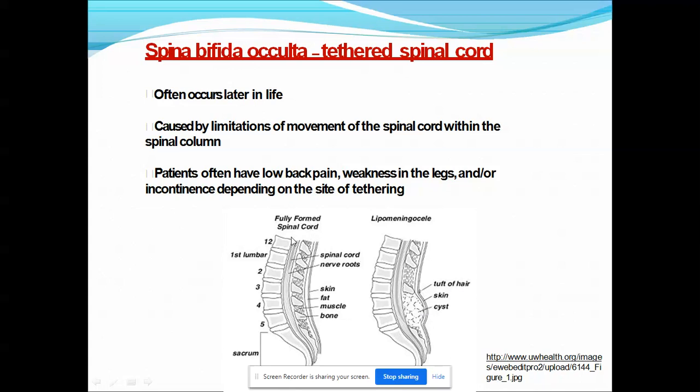In the fully formed spinal cord, we can see here the spinal cord, nerve root, skin, fat, muscle, bone. On the left-hand side, what we are seeing is the normal picture. Normally it should be like this, but in the lipomeningocele on the right-hand side, we can see there is an abnormality. So the spinal cord will be tethered, and this kind of tuft of hair and cyst formation will be visible.